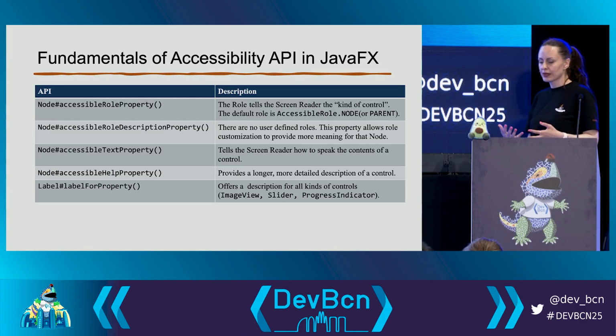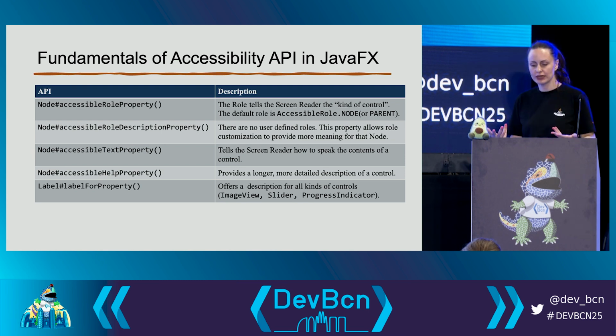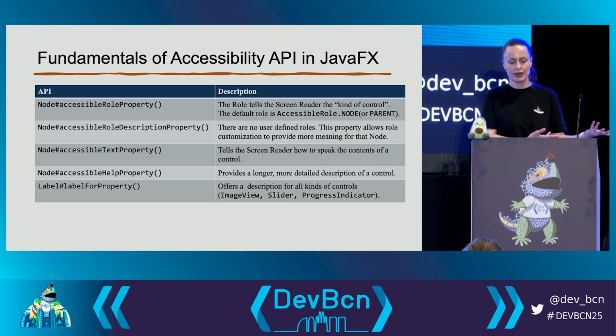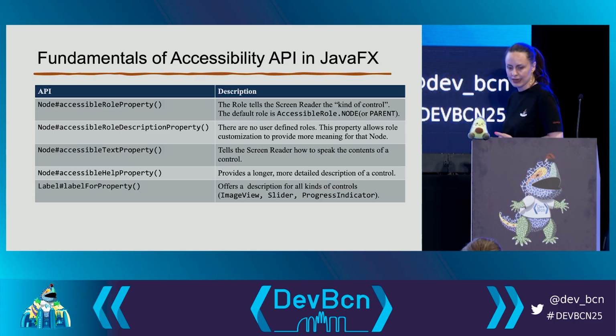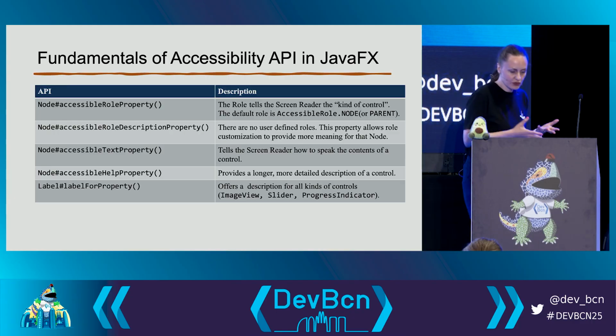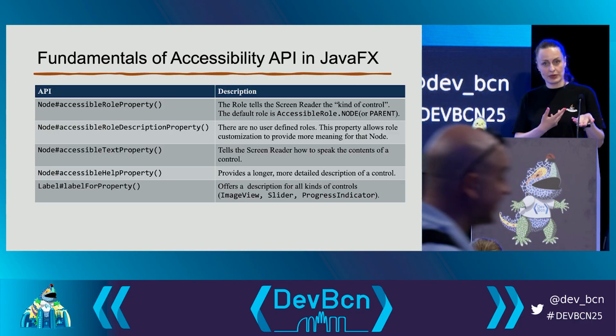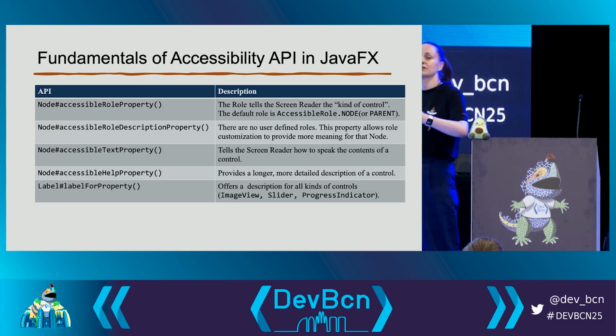Normally, when a role is provided for a node, the screen reader speaks the role as well as the contents of the node. But the role is given through an enum called AccessibleRole. That one is set in stone, so to speak. And imagine, for example, that you're doing a game in JavaFX. If you're doing a game and, let's say, you're doing Pac-Man and you want to specify a ghost.